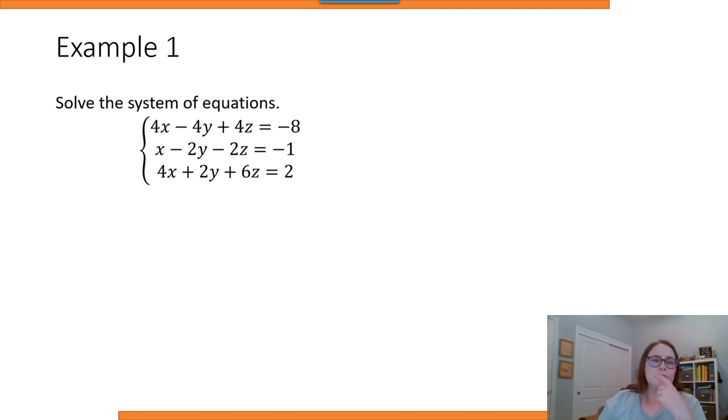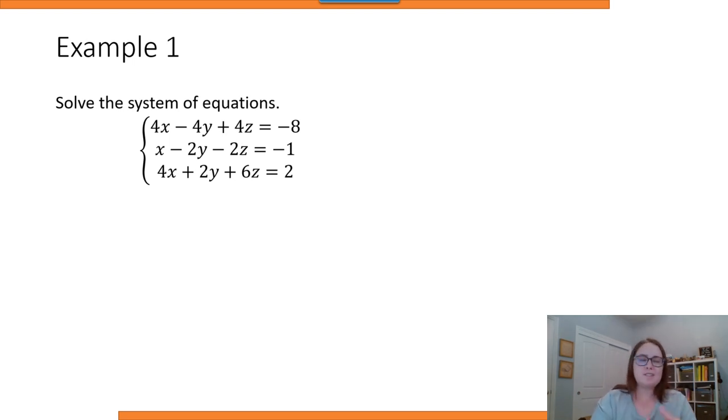So the trick here is when you're starting out, you have to make a decision on what variable you're going to eliminate first. And you're going to have to stick with that for the rest of the problem. So I'm going to start out using the addition method, adding two of the equations together to eliminate a variable. Whatever variable I pick, I'm going to have to repeat that process with a different pair of the two equations and eliminate the same variable.